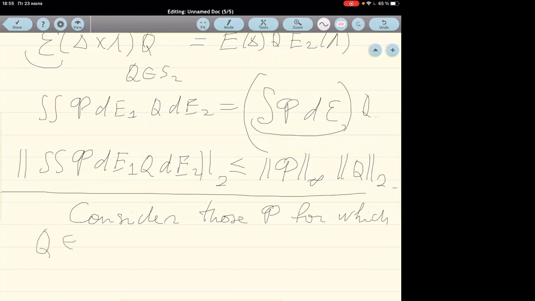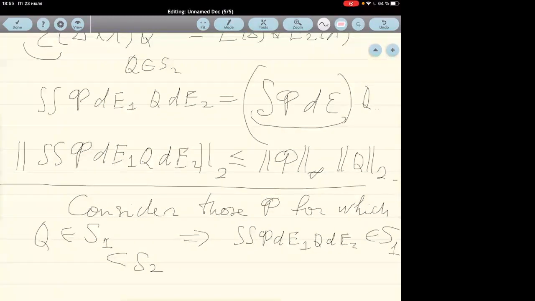If Q is a trace class operator, let me remind that it is a subset of the Hilbert-Schmidt class, then the double operator integral also belongs to trace class. This is not true for all functions phi, but for certain functions this is true.